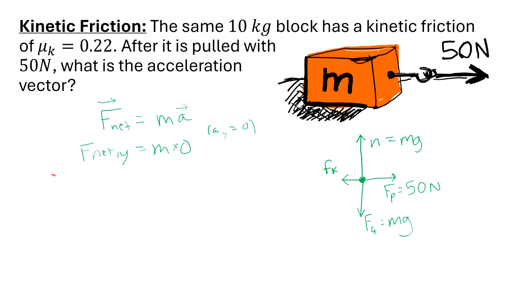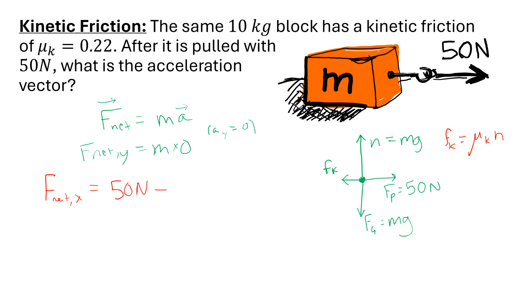And so the rest of it is F net x, which is going to be equal to the 50 newton pulling force and the leftward pull of friction, which this time Fk is going to be equal to mu k times the normal force.